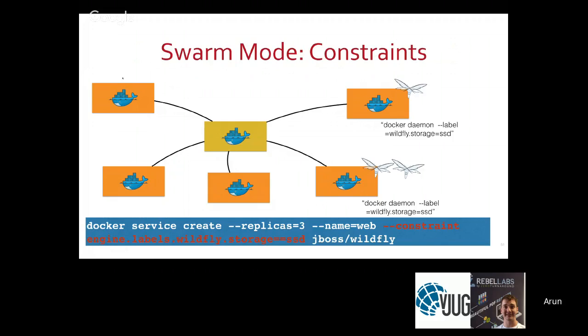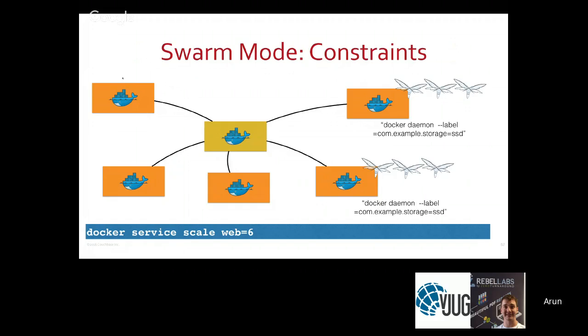Now, when I'm running my container, I can specify the constraints that, okay, run these containers only on the hosts that have these labels. So the constraints and labels really match with each other. That's very important to understand. Now, if I scale the service, it's going to stay within those hosts itself.